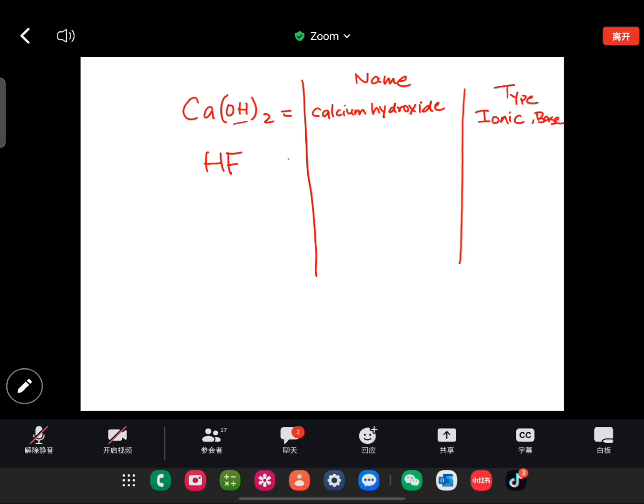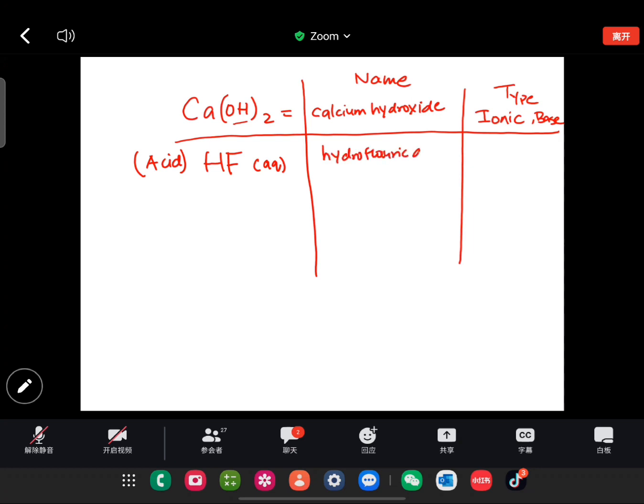HF. Who will tell me the name of this compound? Hydrogen fluoride. Yes. Okay, this is aqueous, so treat it as an acid. So hydrogen fluoric acid. Okay. Is it hydrogen or something else?